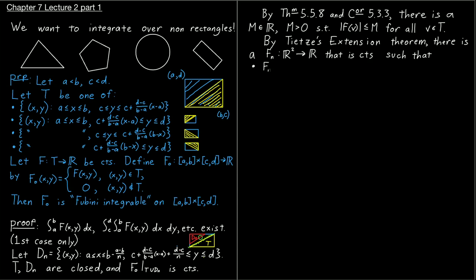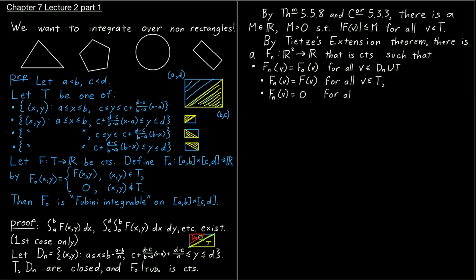And Fn of v equals f naught in our restricted domain, which we can write as Fn of v equals f of v for all v in T, Fn equals 0 for all v in this other triangle Dn.